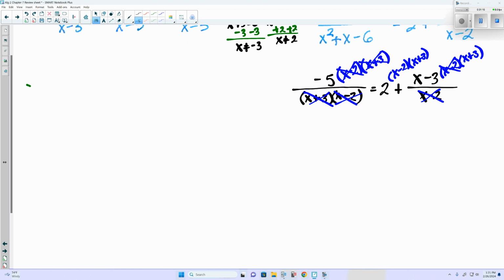And what that leaves us with is, well, -5, because everything canceled out on top and bottom, leaving us with just -5. The middle is 2 times x minus 2 times x plus 3 plus x minus 3 times x plus 3.